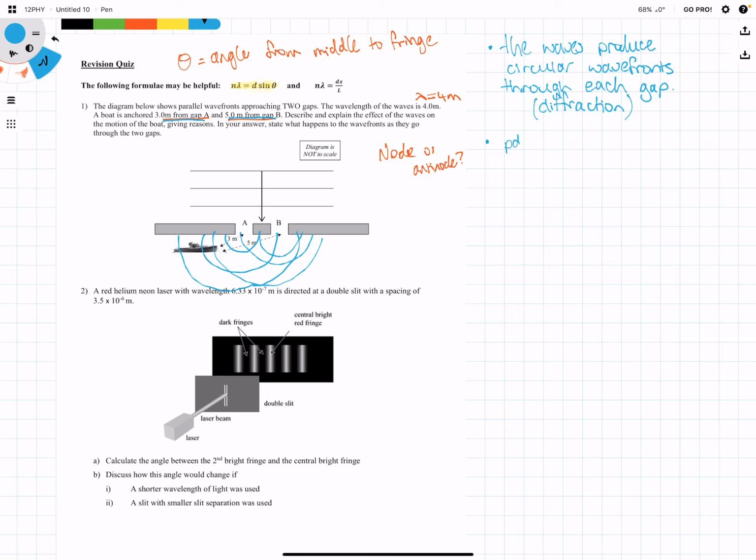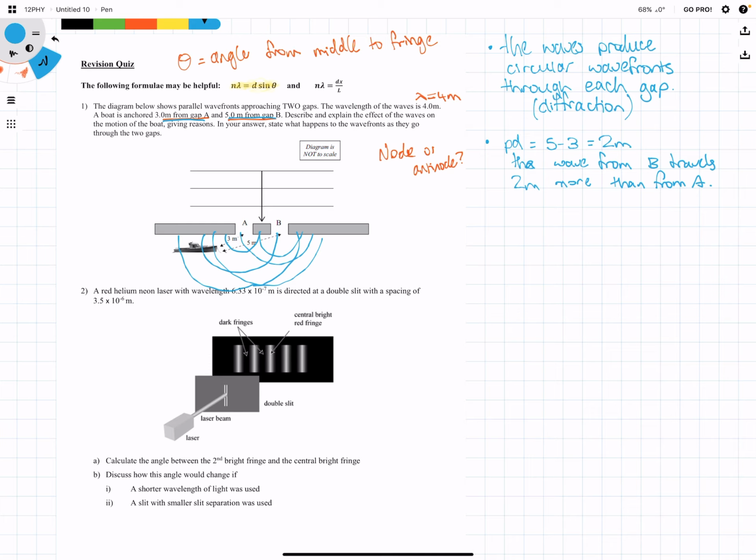So the path difference equals 5 minus 3 equals 2 meters. The wave from B travels 2 meters more than from A.